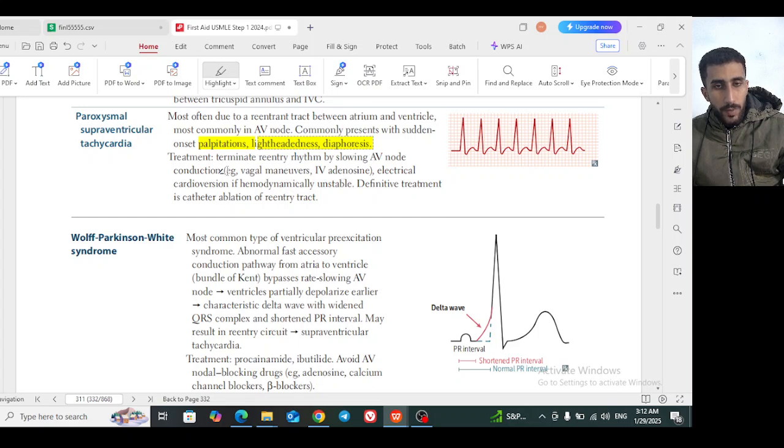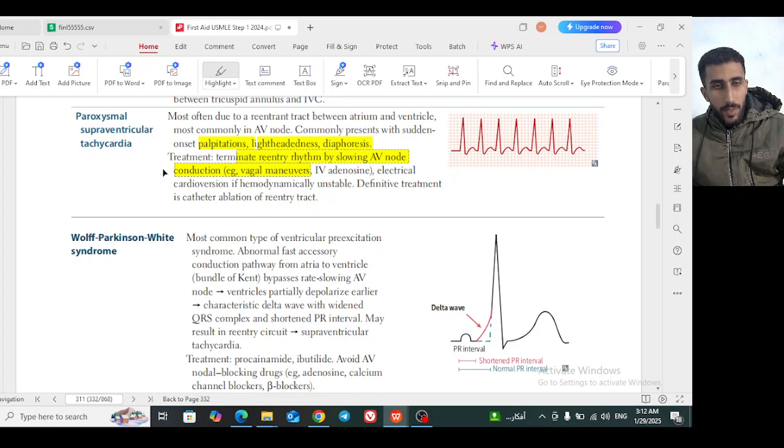Vagal maneuvers are very effective in supraventricular tachycardia, but not so effective in atrial fibrillation. This is due to the different morphologies and etiologies. The etiology here lies within the AV node, and if we do a vagal maneuver by manipulating the carotid artery, we will increase the vagal discharge and slow the AV node, so we will terminate the paroxysmal supraventricular tachycardia.